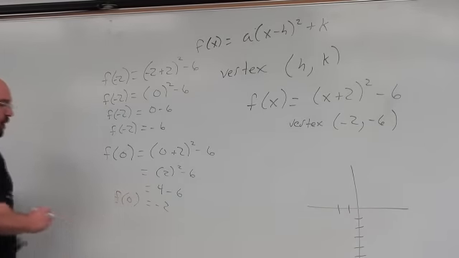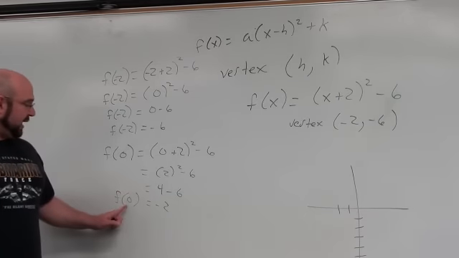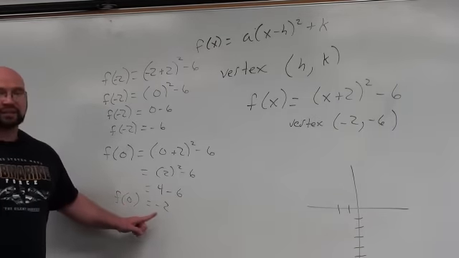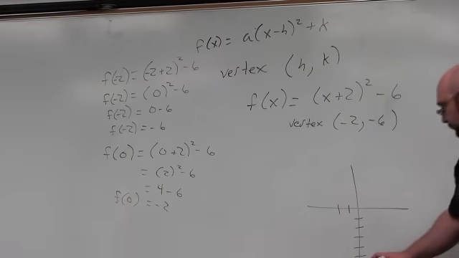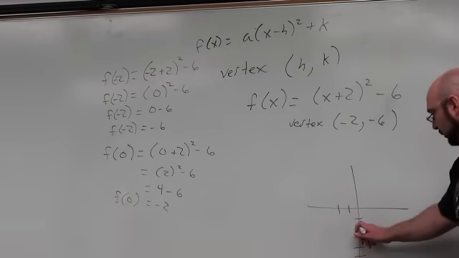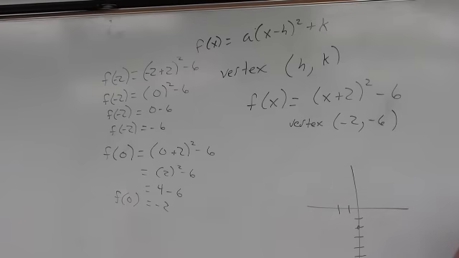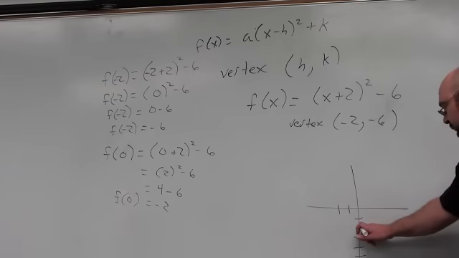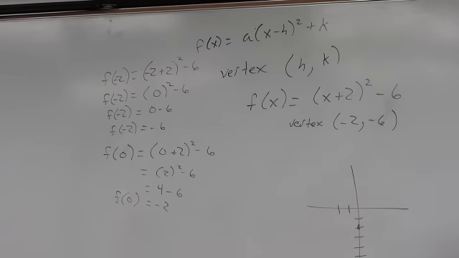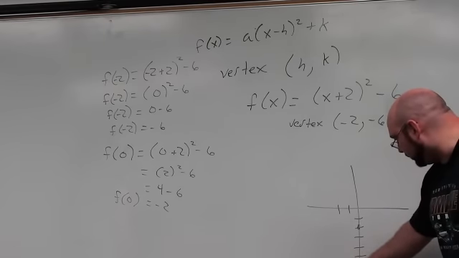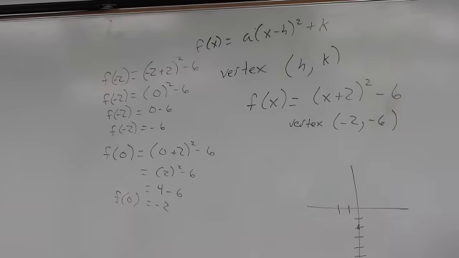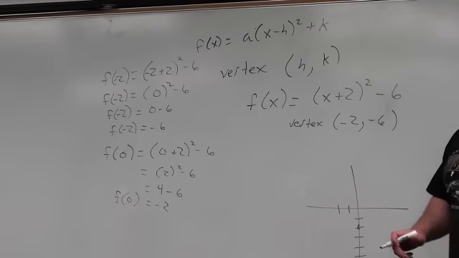So what this means is when x is 0, my y is -2. So it's going to look just like that. Now, oops, this should be a little over to the side. There we go. (0, -2). Okay, my bad.